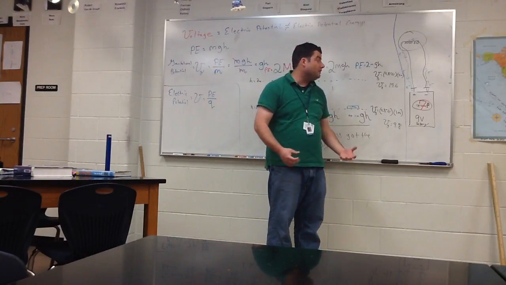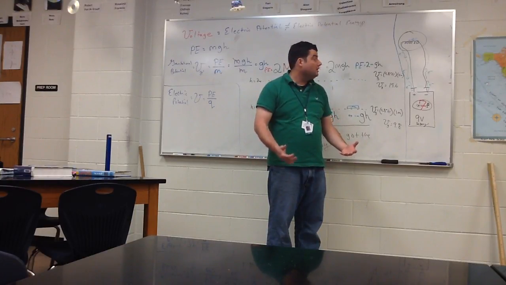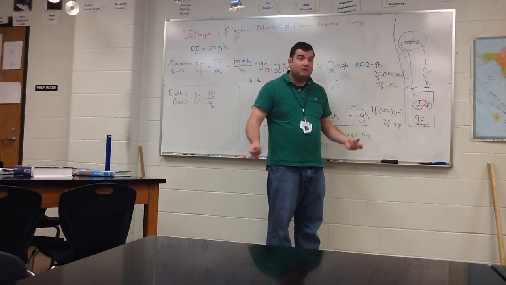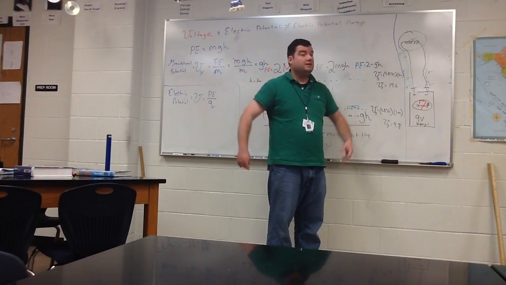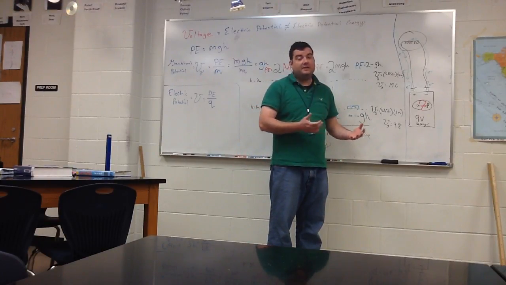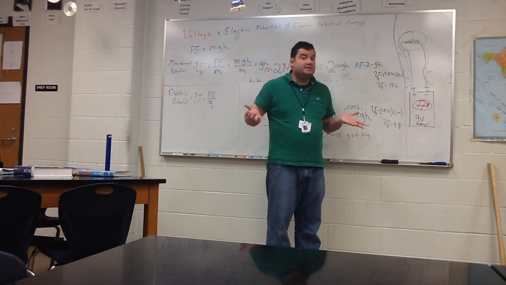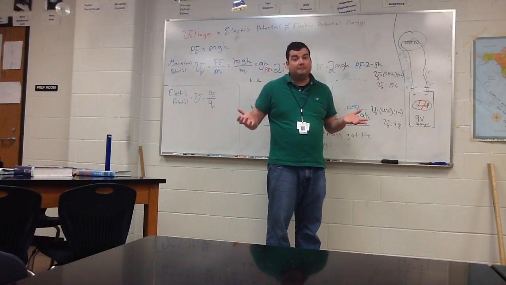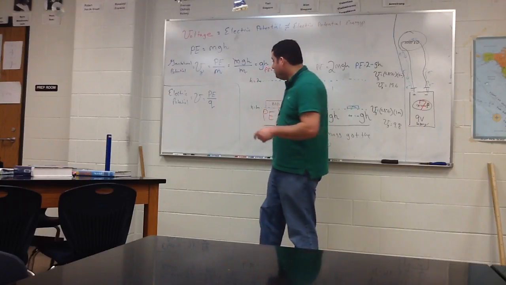If a device requires low voltage, that means every electron going through it will need a relatively small amount of energy. If it requires high voltage, every electron going through it needs a lot of energy. And each device is set up to work with a certain amount of energy per electron. Now that's not what voltage is.